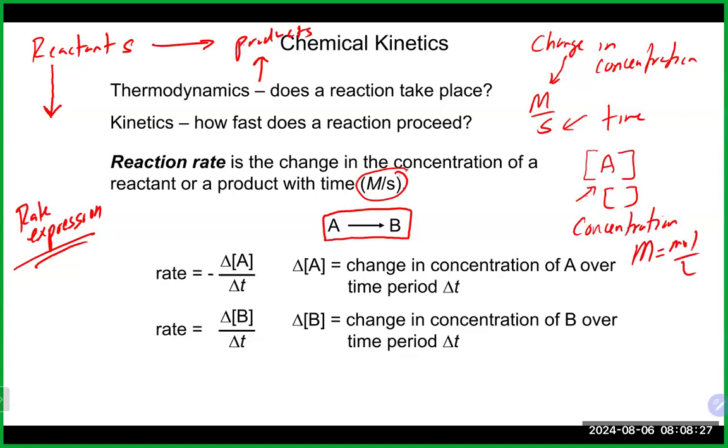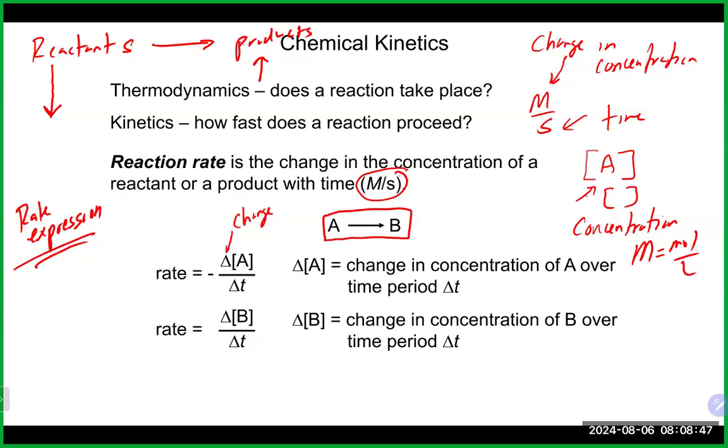So in the case of our reactant here, the rate is equal to minus delta concentration of A, and the delta means change, over the change in time.